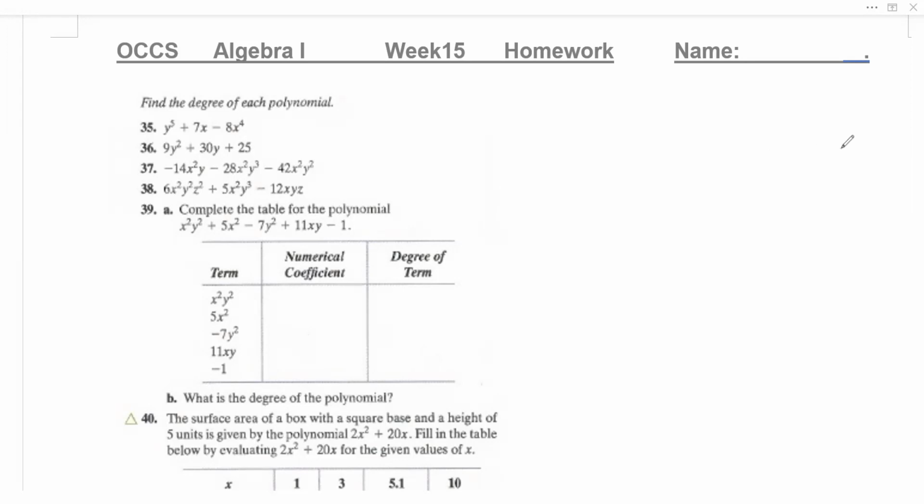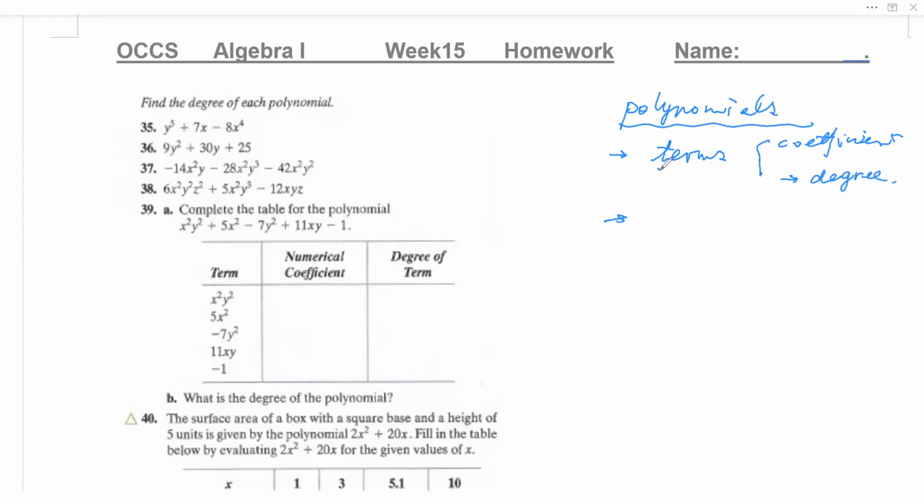All right. So these several weeks, we focused on what? Polynomials, right? Polynomials are made of terms, and terms are made of the coefficient, and we want to find out their degrees, right?